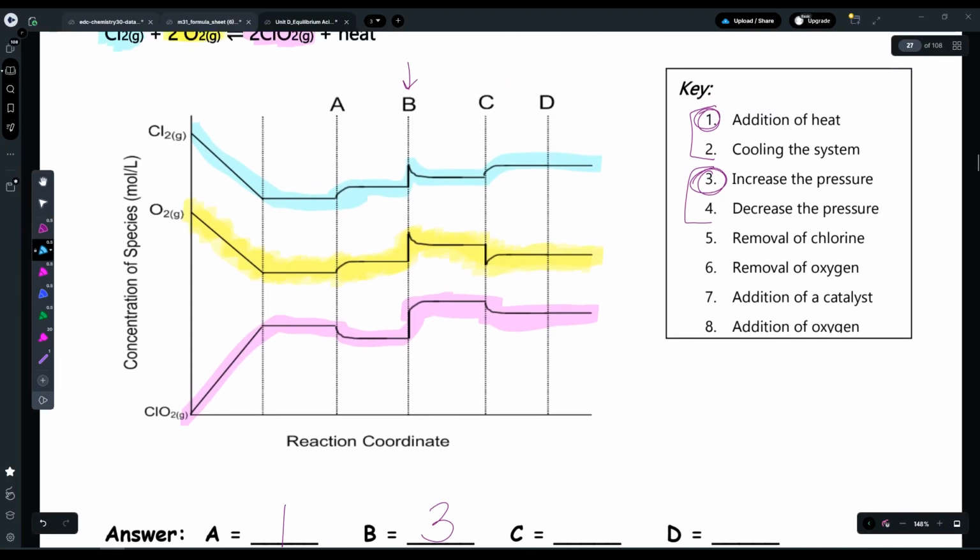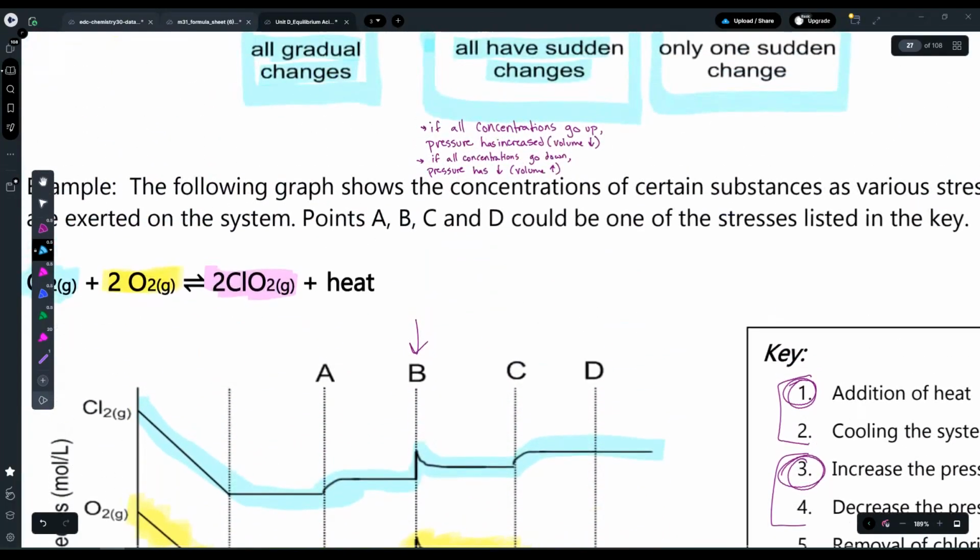Okay, so I'm going to actually write out what I've been saying just to capture it.